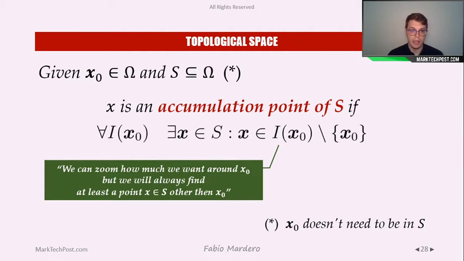So when x0 is an accumulation point of S, we can zoom as much as we want around x0. We can define whatever neighborhood we want, smaller or bigger, but we will always find at least one point different from x0 that stays inside S.